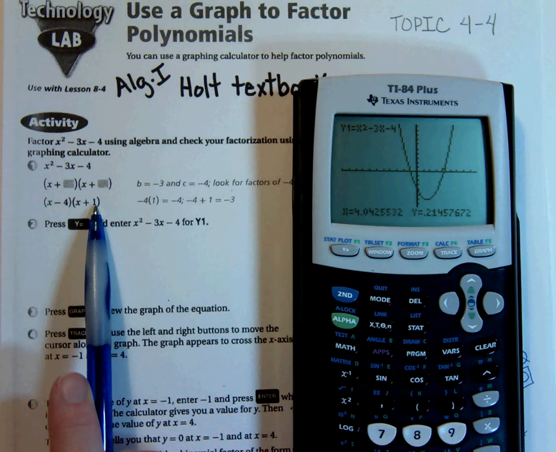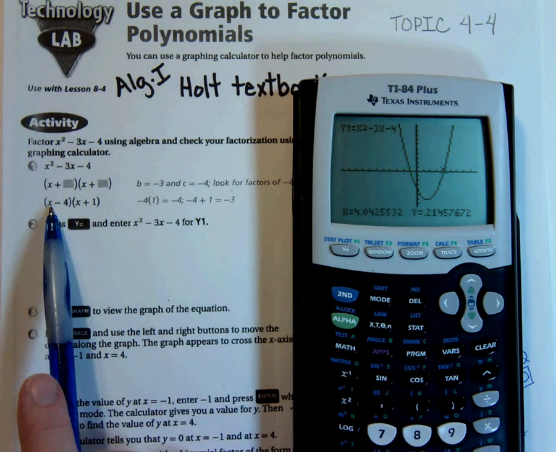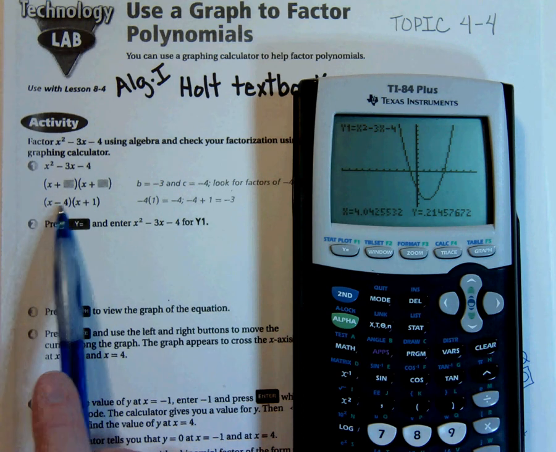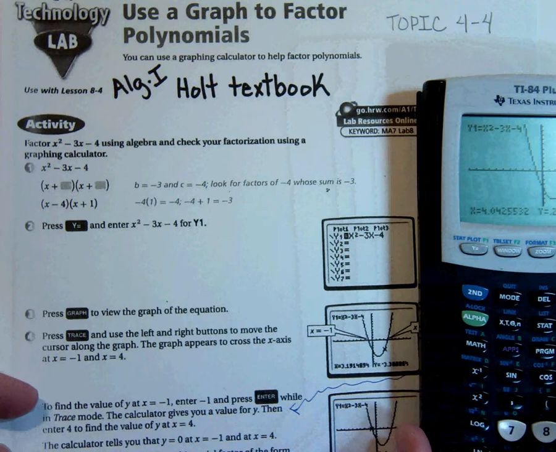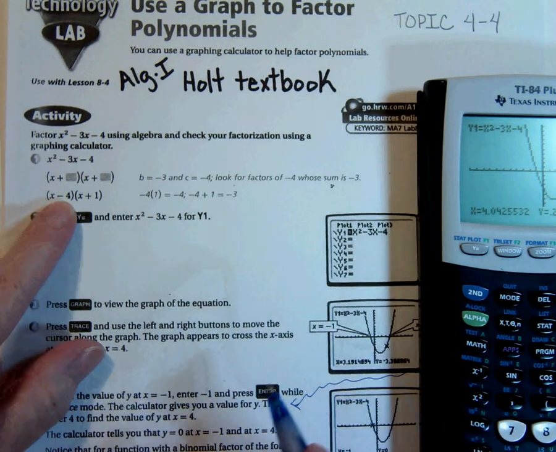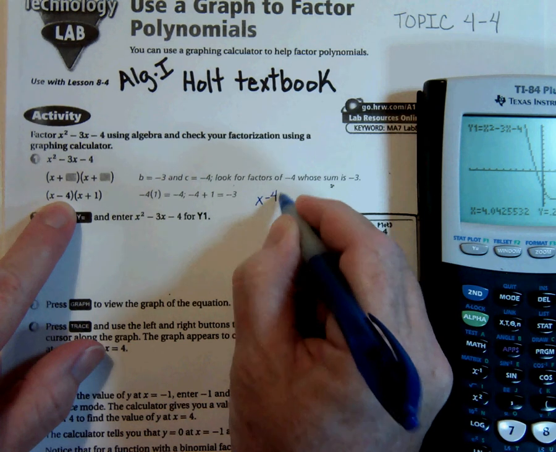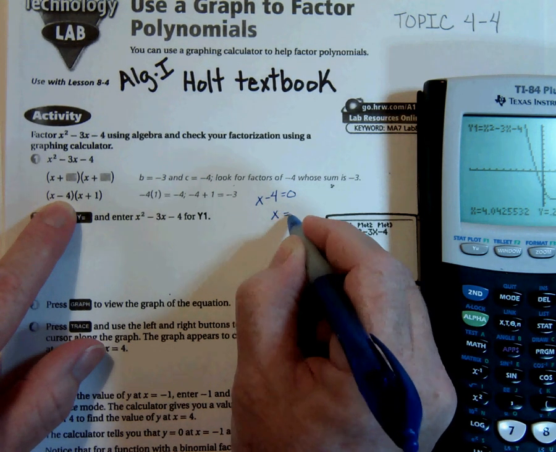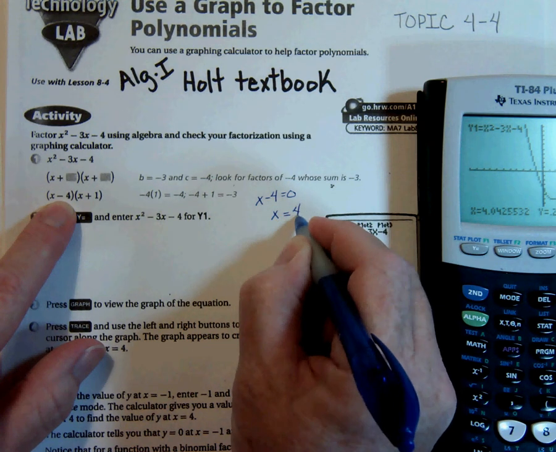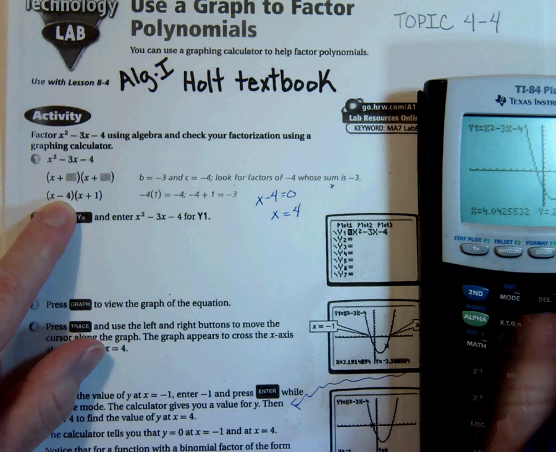I'll explain that in a minute. This is at a positive 4, so in the binomial it becomes x minus 4. The reason for that is when you've set x minus 4 equal to 0 and solve for x, you'd be adding 4 on both sides, so x would be a positive 4. That's why you're seeing it on your calculator as a positive 4.